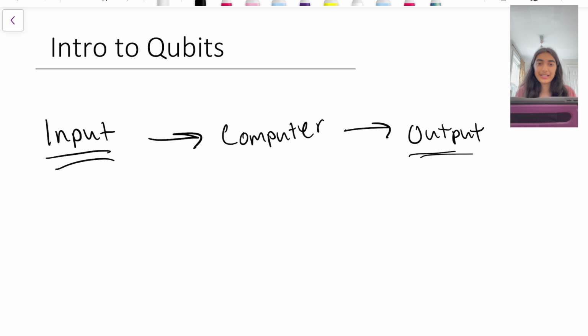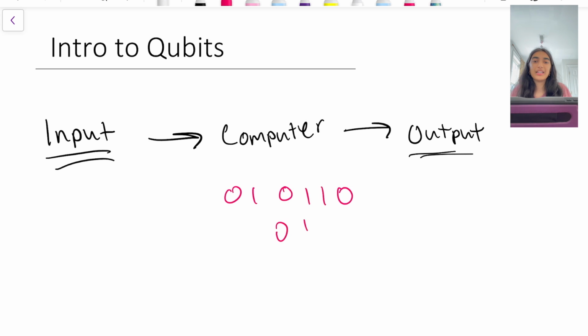Well, your input is in a language that you understand. You understand what you're inputting, but the computer doesn't know that in the form in which you input it. Rather, it takes what you input and converts it to zeros and ones, 0, 1, 0, 1, 1, 0, 0, 1.